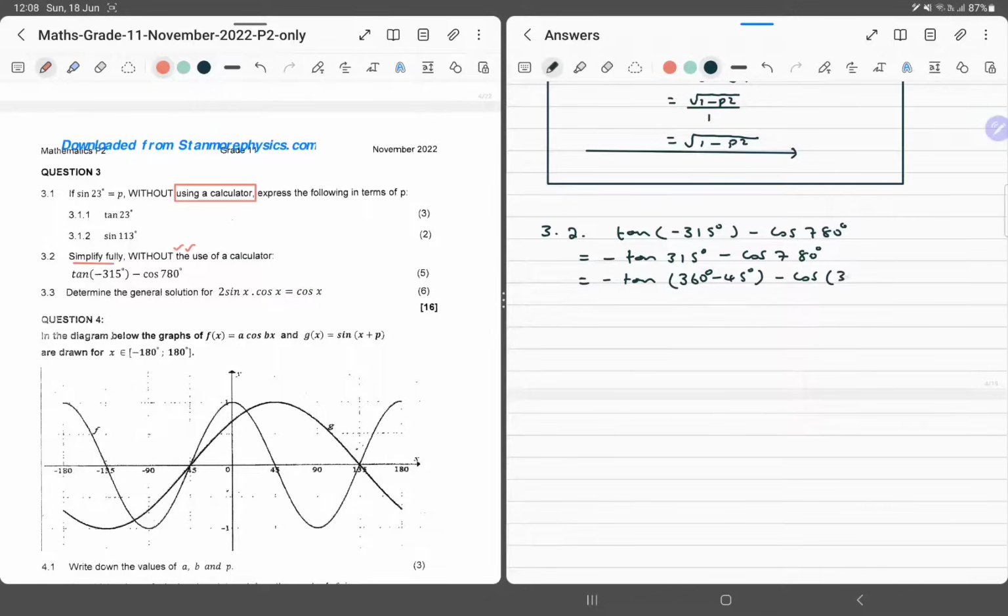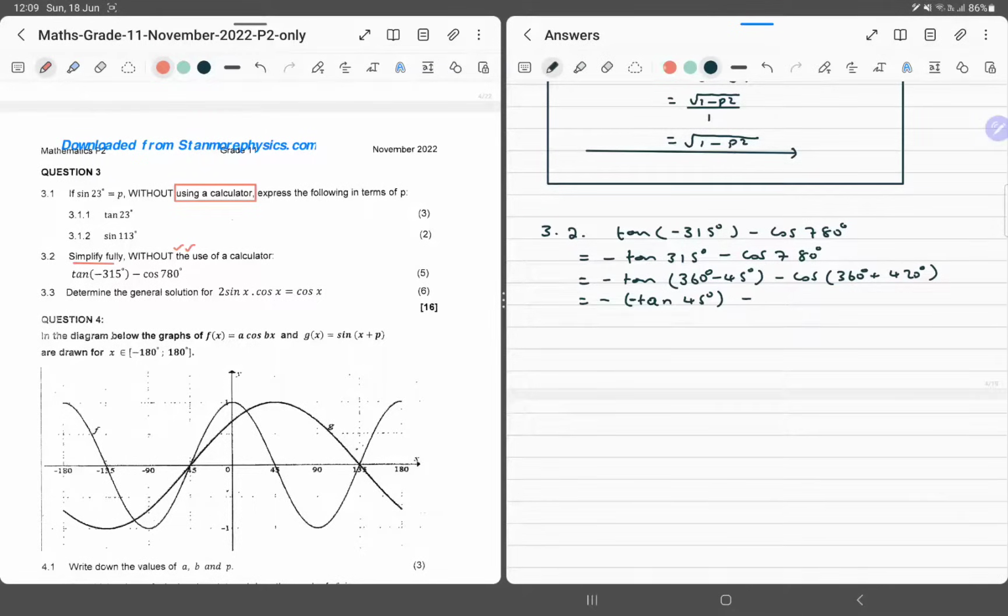We can say this is the same as 360 degrees plus 420 degrees. So tan is negative in the fourth quadrant, so this is minus tan 45 degrees.